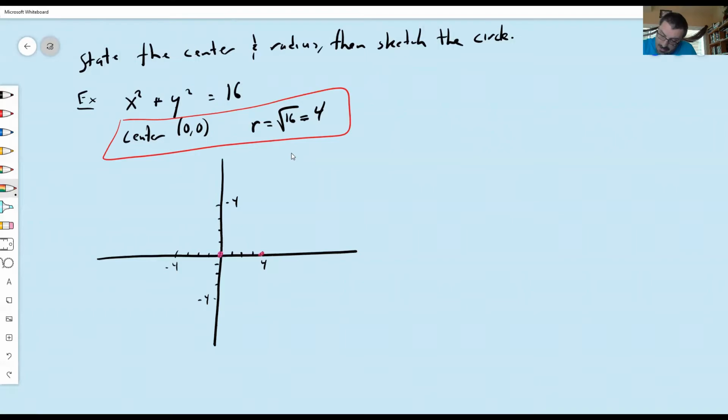Right here, x is 4. 4 down, 1, 2, 3, 4. y is minus 4. And then just all on the axis. And then we're going to do our best to draw a nice, pretty circle.